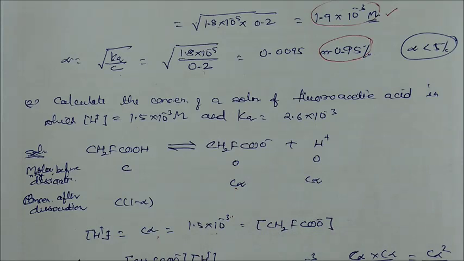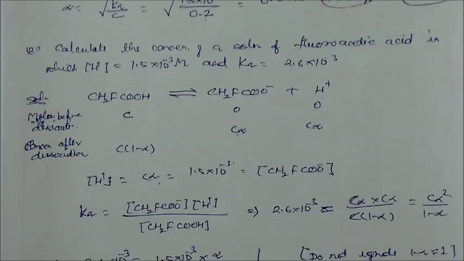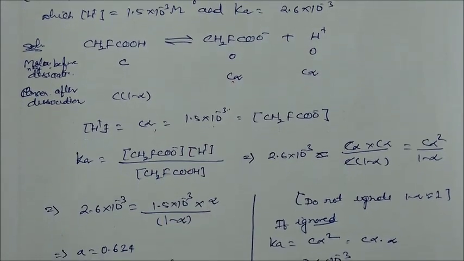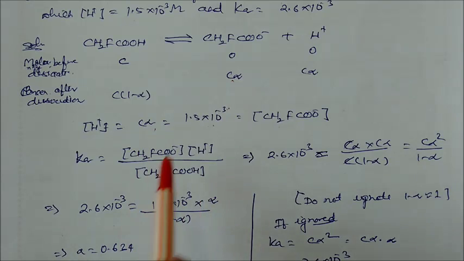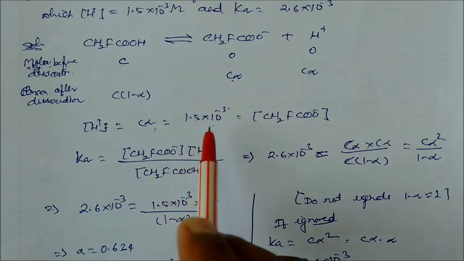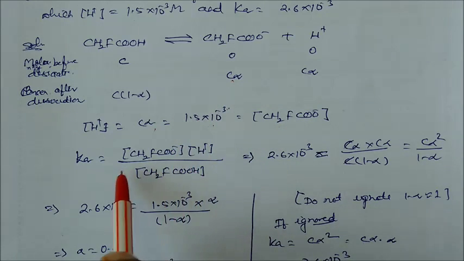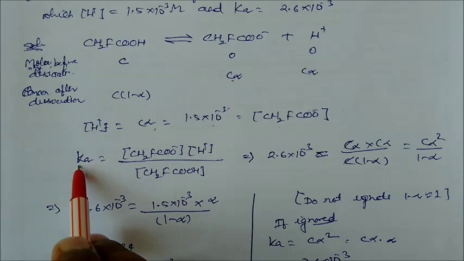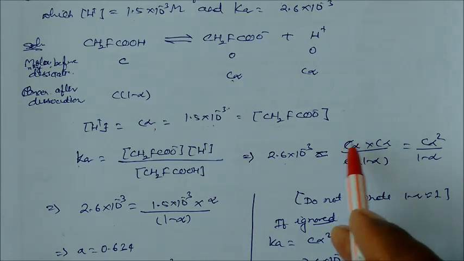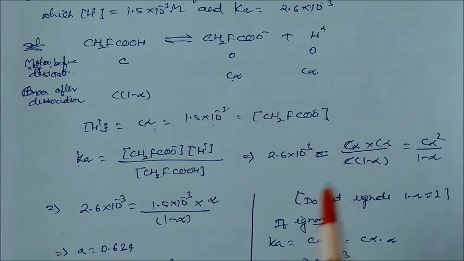But here if you write the law of chemical equilibrium, K is equal to CH2FCOO minus times H plus divided by CH2FCOOH. If we use this, we don't know the actual value of C. So here C alpha into alpha, C alpha square over C into 1 minus alpha, and the C cancels.